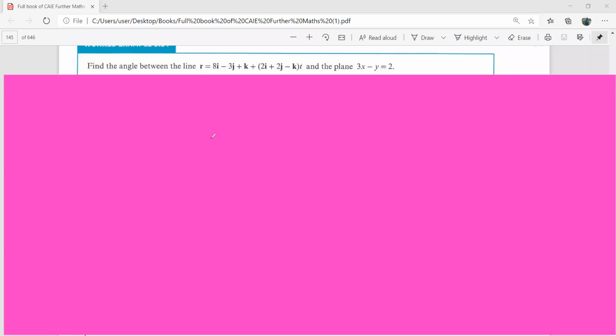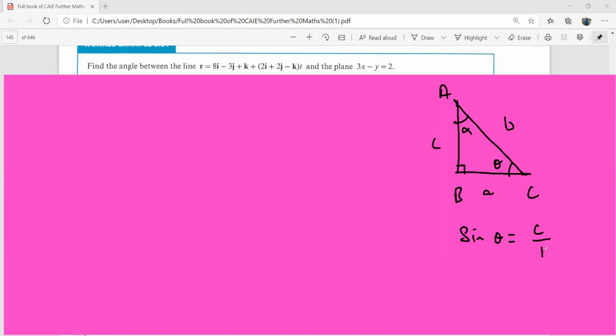Okay, guys, the last segment of the day where we shall learn how to find the angle between a line and a plane. Before I tell you that, I need you to recall that if this is theta over here and this is alpha, this is your A, this is your B, this is your C, then sine theta is going to be C over B. And this C over B is also cos alpha.